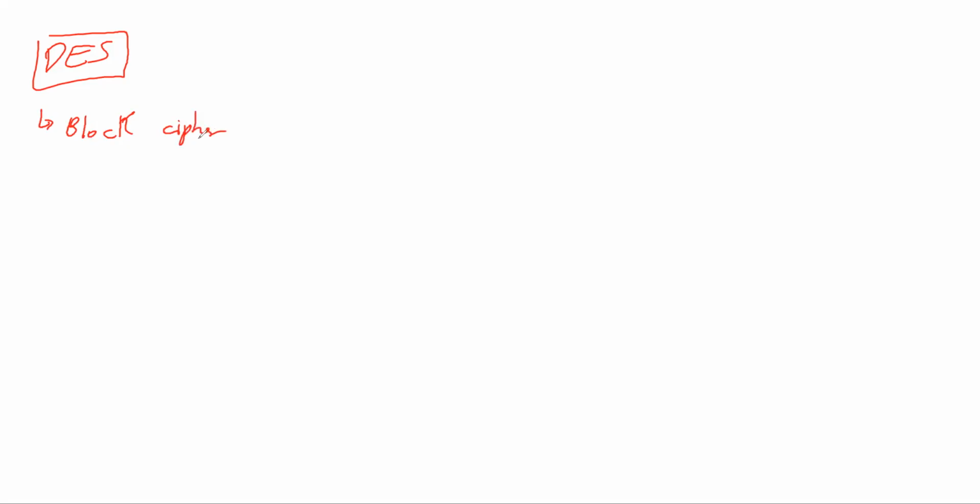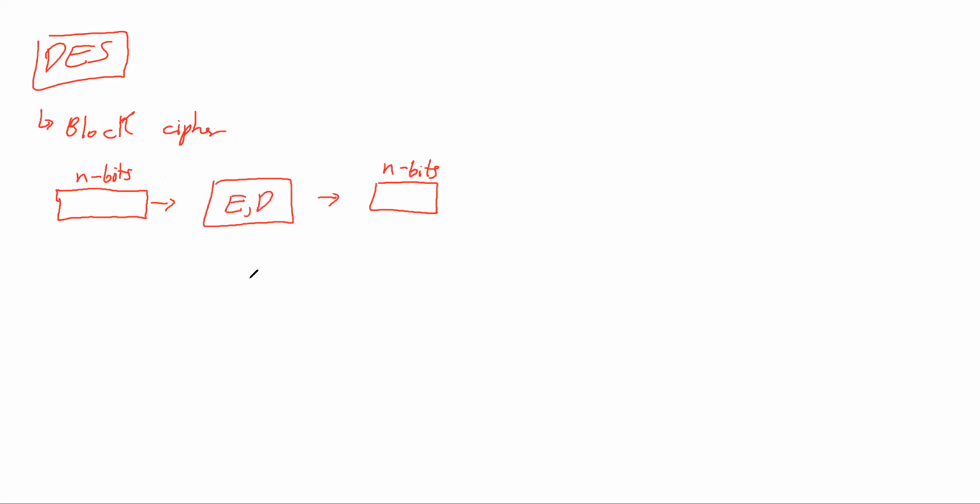The goal is to map n bits to n bits, and you have associated with that some kind of encryption and decryption, and you have the idea of a key, and the key is k bits. That's the assumption of the algorithm.